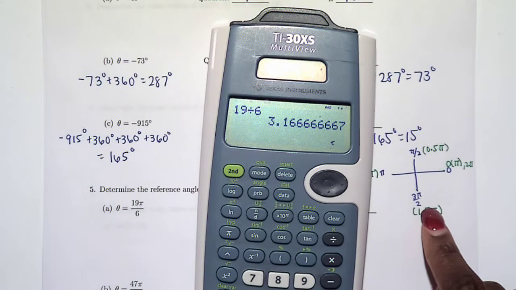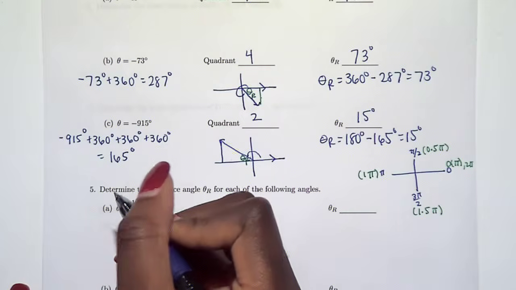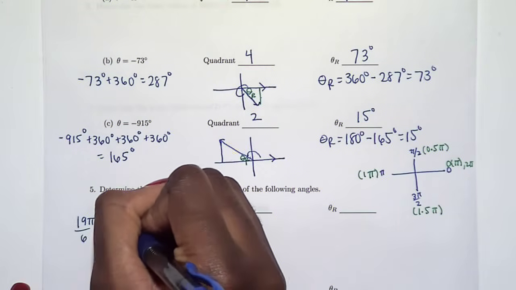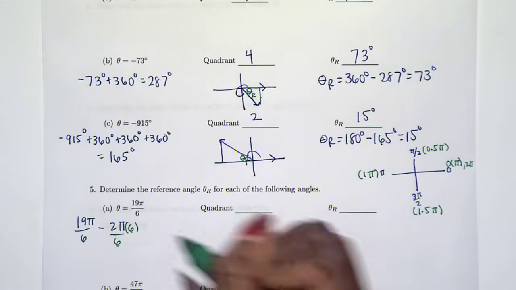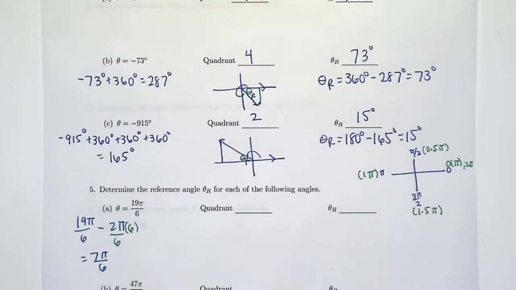That means we need to subtract 2 pi to get back into our circle so we can know what quadrant we're working with. So 19 pi over 6 minus 2 pi. You need to get a common denominator. We get 7 pi over 6.